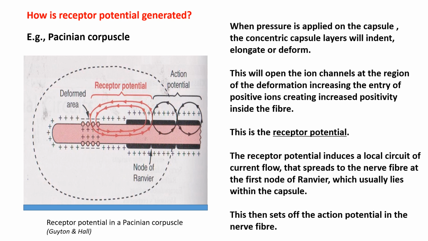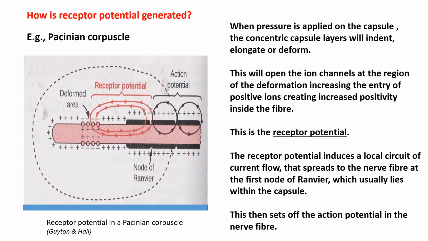When you apply the pressure, these layers will get indented, they will elongate, or they get deformed. So when pressure is applied, you are disturbing the formation of these layers, so they get a little deformed.